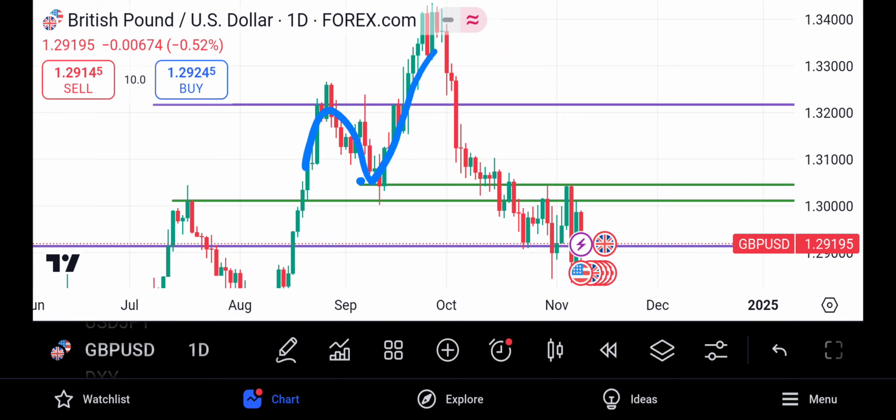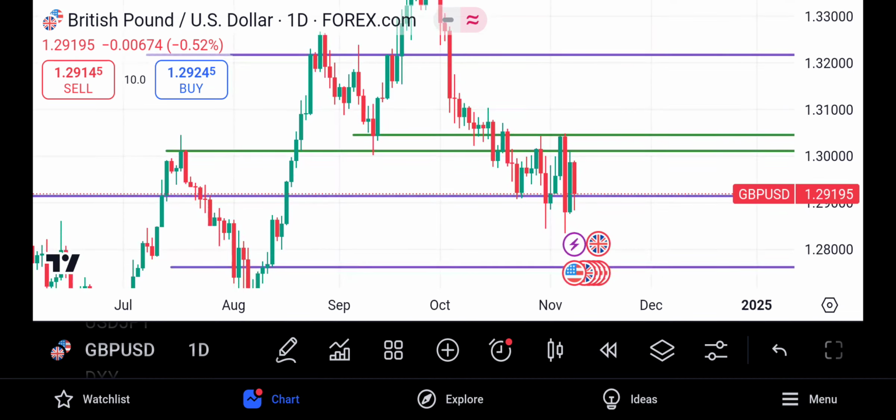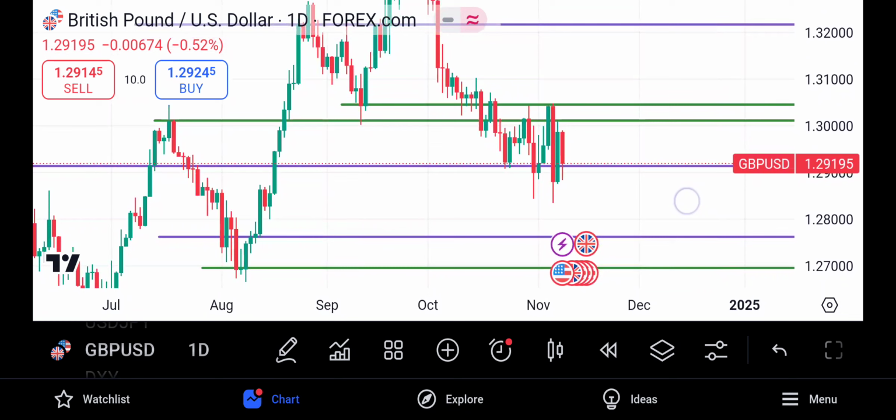Wednesday gave us a retest of that neckline. And when you get an M pattern like this and a retest of that M pattern, what happens next? A move to the downside, which is even stronger than the initial move.